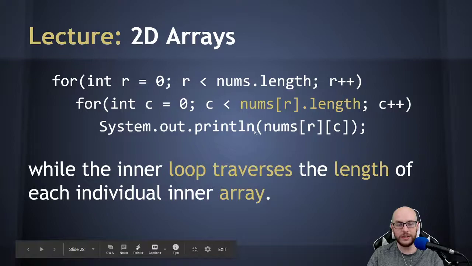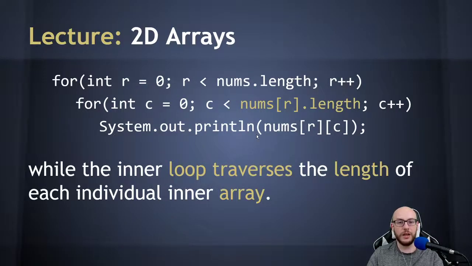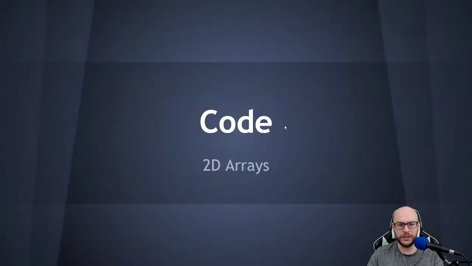Keep in mind that this 2D array is really an array of arrays. So I'm on the first row. That very first element is an array, so I'm going to loop through that. Here we're using r to basically say, what is the length of the current row? We'll talk about that more in just a second.